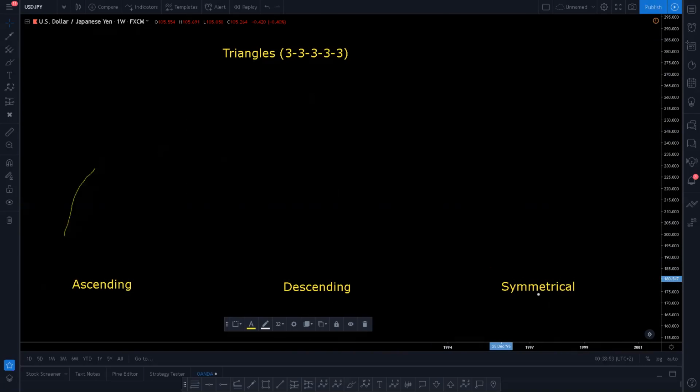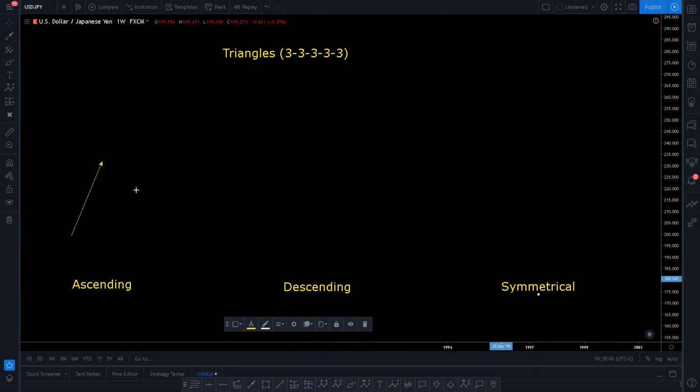In a case of an uptrend, you're going to have your triangle. Your ascending triangle is going to have your trend lines looking like this.